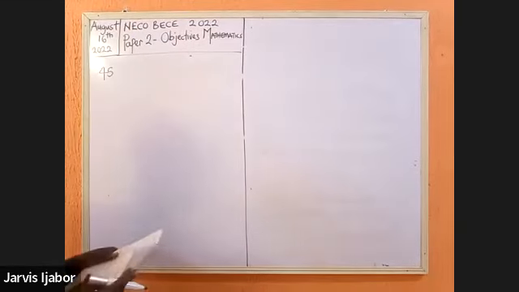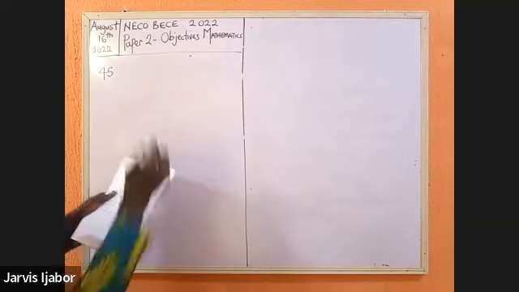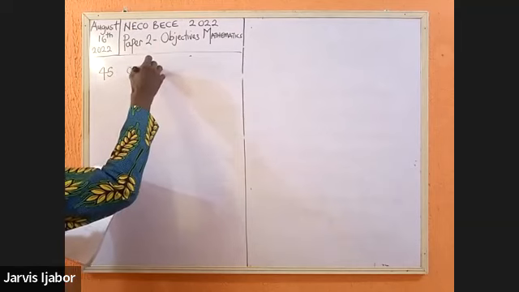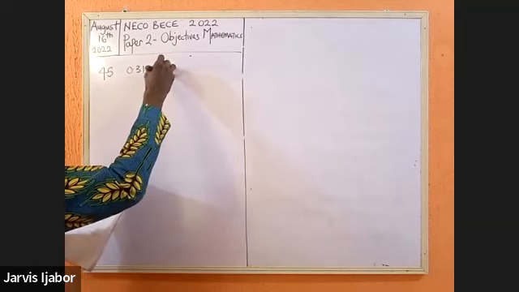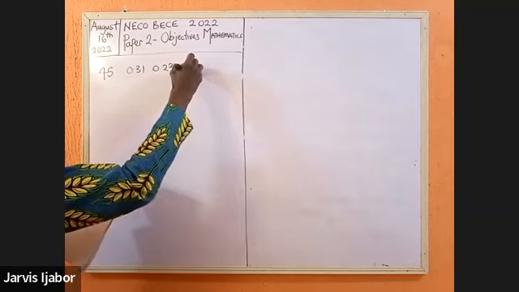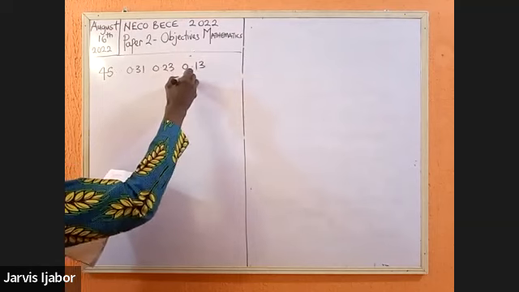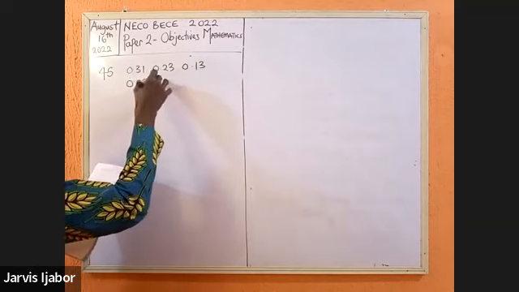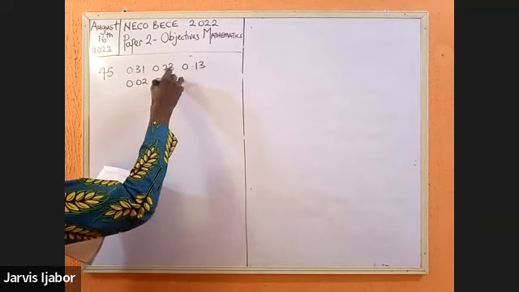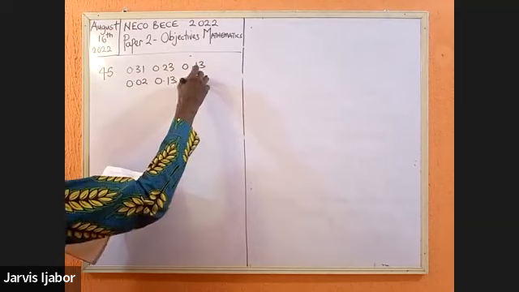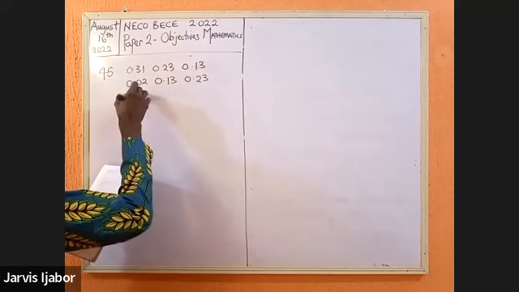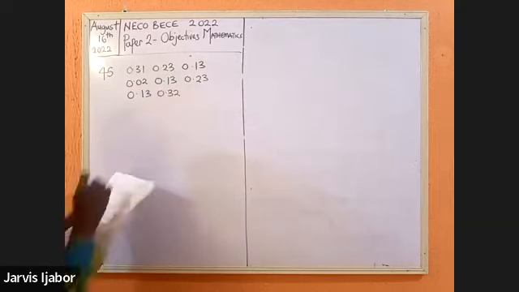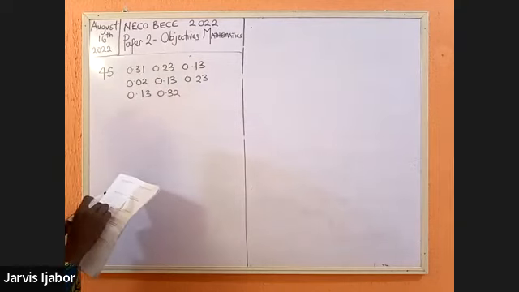Question 45 will test your knowledge of mode. So I'm going to try to write the numbers on the board: 0.31, 0.23, 0.13, 0.02, 0.13, 0.23, 0.13, and 0.32. 1, 2, 3, 4, 5, 6, 7, 8, 9.